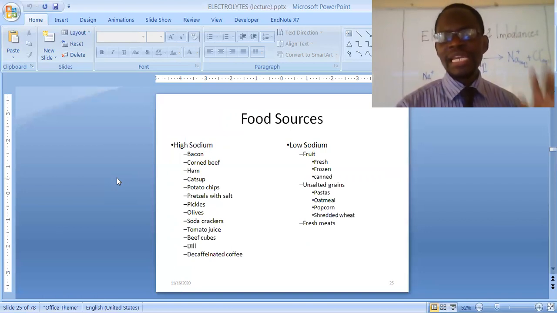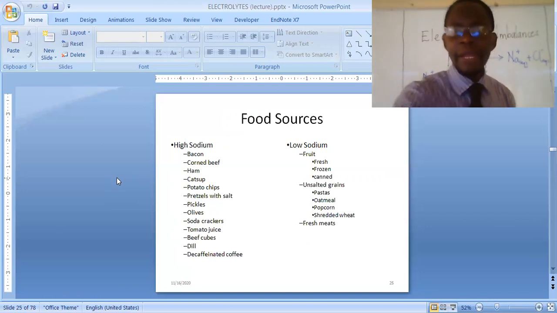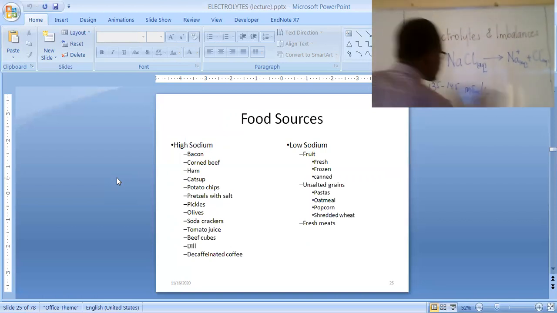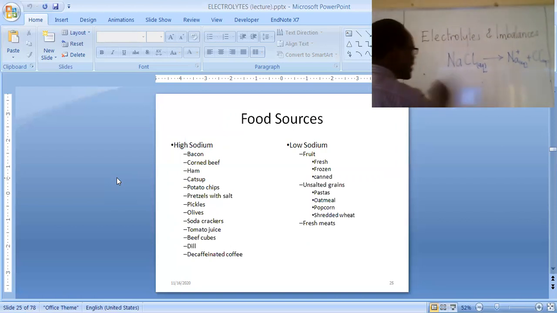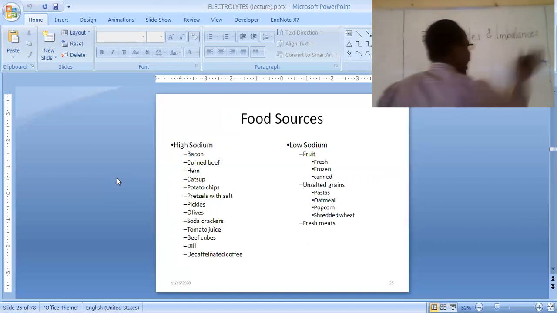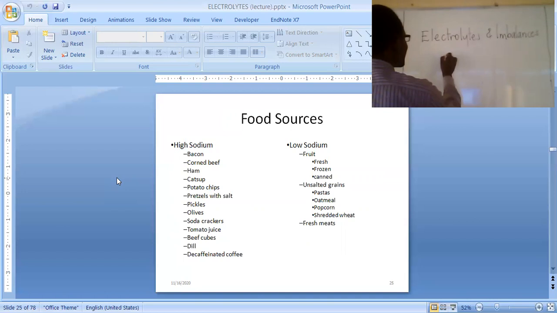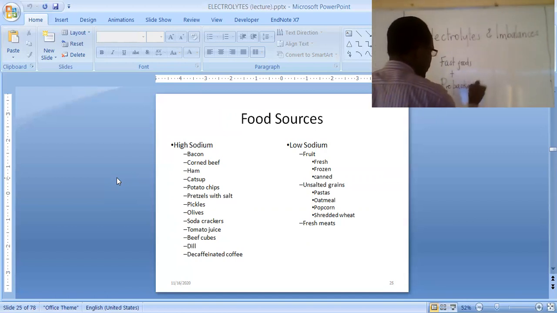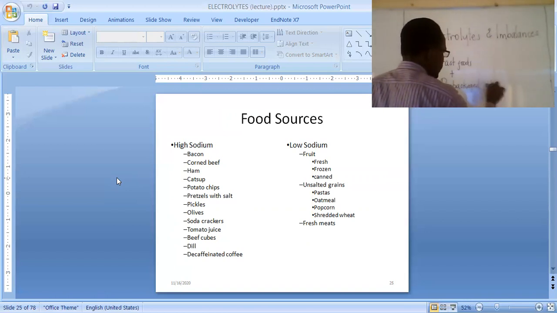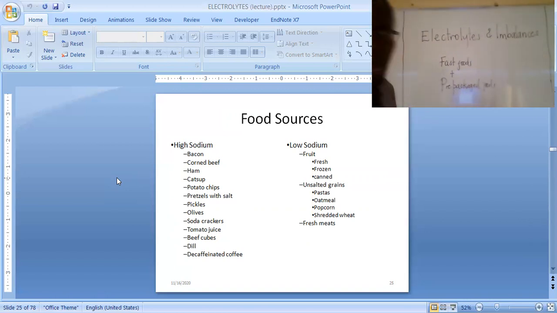So in summary, fast foods and pre-packaged foods have a high concentration of sodium.